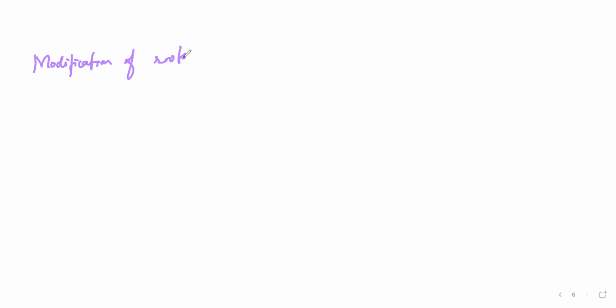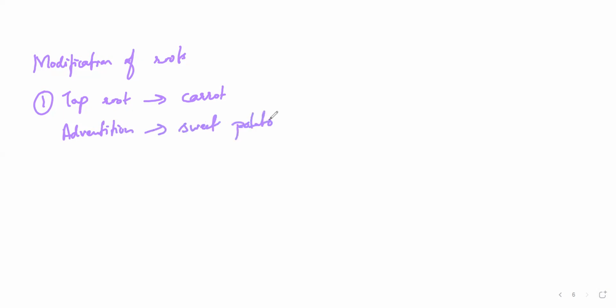So the first thing is the taproot, which is present in carrot, and an adventitious root, which is present in sweet potato. So the basic function of these two, taproot and adventitious root in the form of carrot and sweet potato, is what? Storage of food.